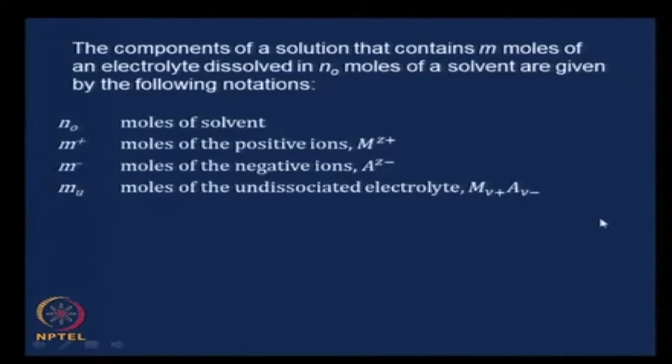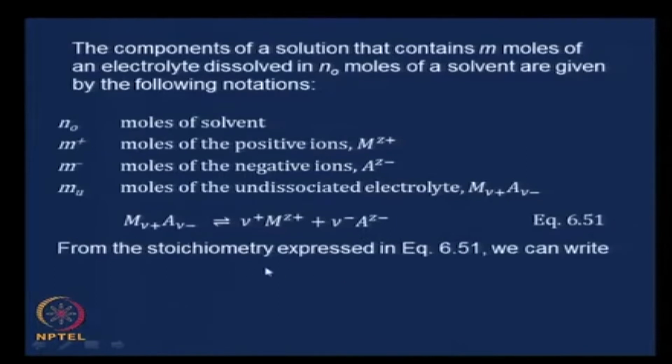The reaction that we saw earlier, M nu plus A nu minus giving you nu plus M Z plus and nu minus A Z minus, the number of moles of this that exists at equilibrium when the dissociation has taken place is called Mu, and this results from adding m moles of an electrolyte, which would be of course different from Mu, to N0 moles of the solvent. That is the system that we are considering.